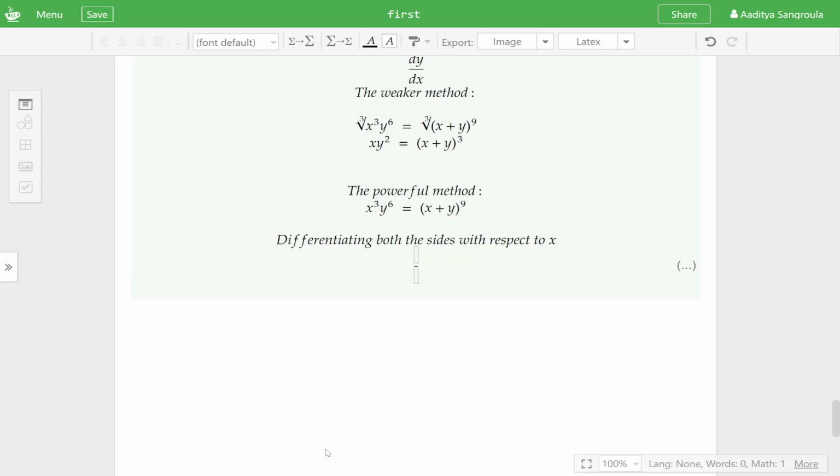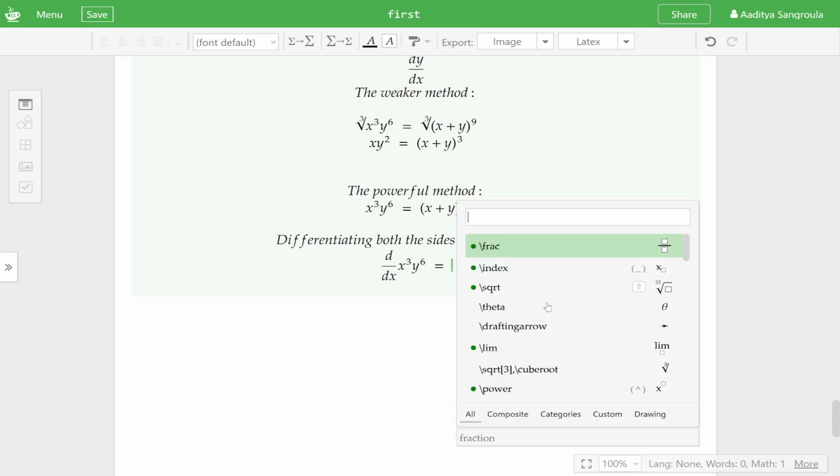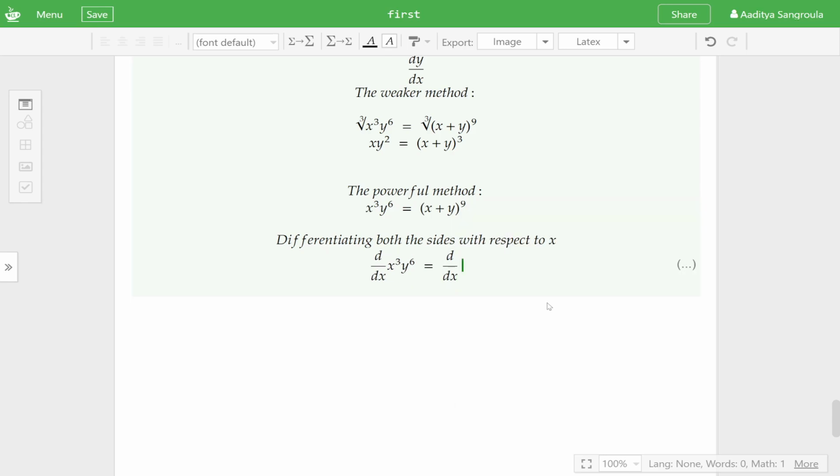Well, we say this is equal to d over dx of this function. But if we look at it very carefully, this is a product, right?